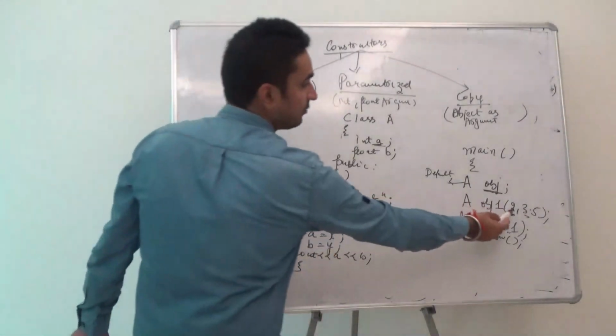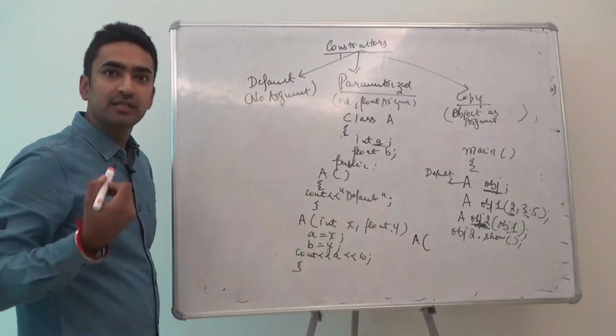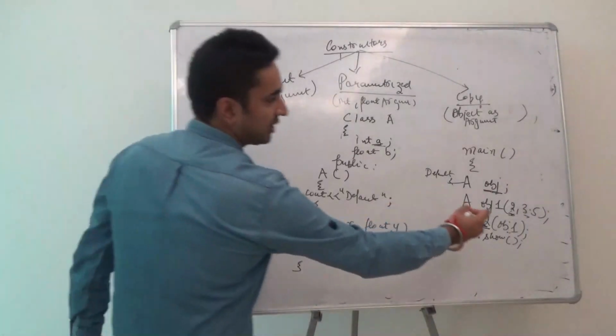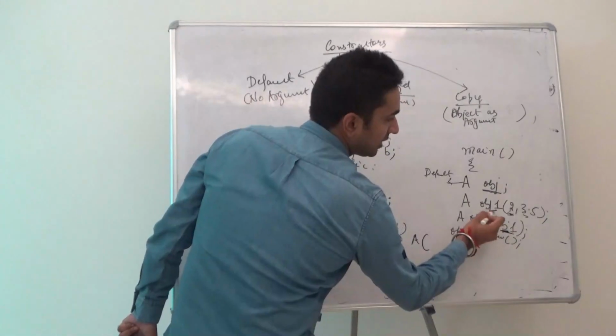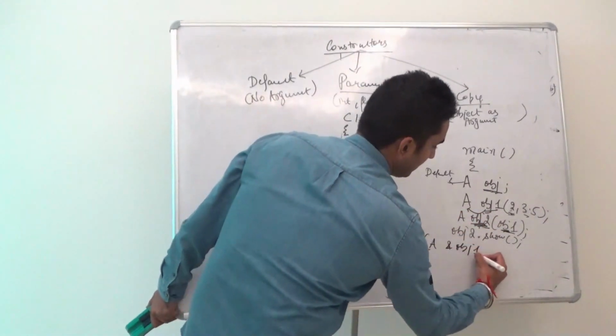Since object 1 is passed as a parameter, object 1 has data type A, so I'll write A, object 1.